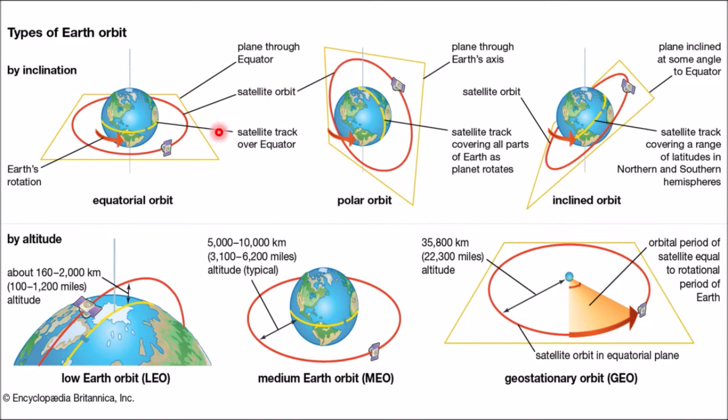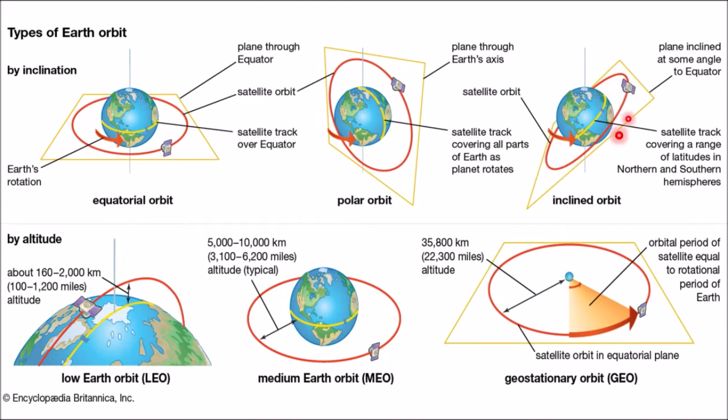Okay, so let's actually look at the different types of orbits. The one we were talking about was the low Earth orbit. There are different types, and the geostationary orbit. We can look at different types of Earth orbits by incline, so the kind of angle they have compared to the equator or maybe to the poles.